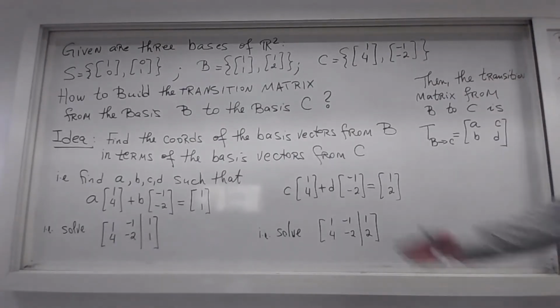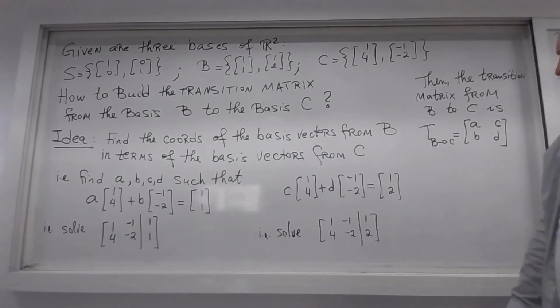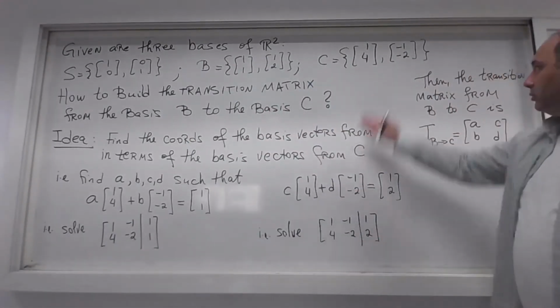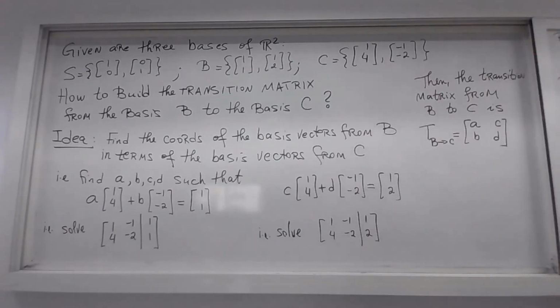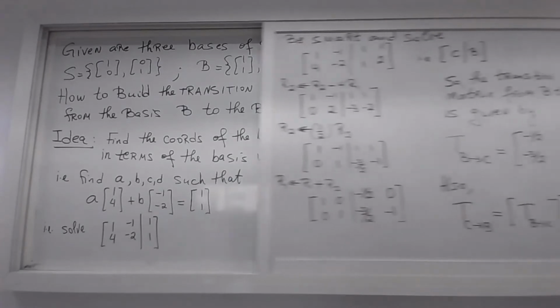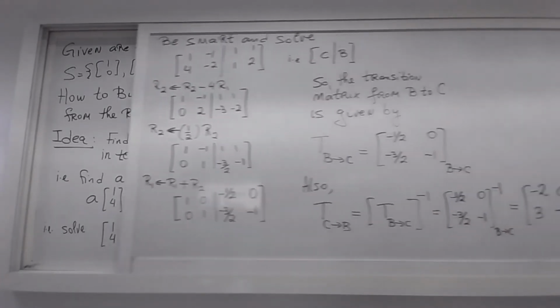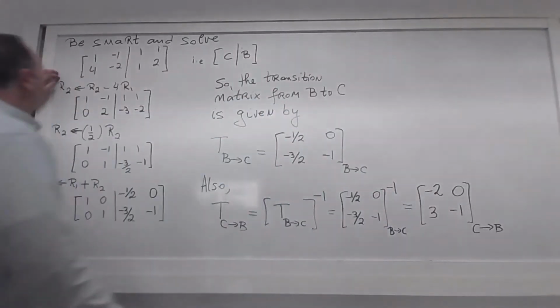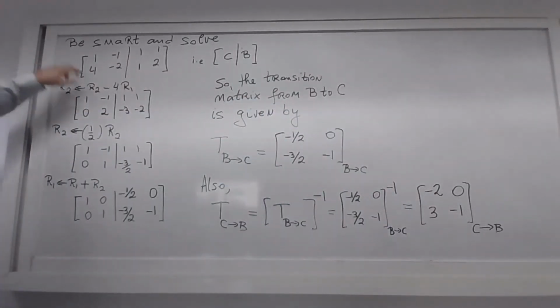Okay, so I need to solve these two systems. Obviously, the matrix is the same, because it's just these two vectors. So I need to be a little bit smart, because I need to solve two systems with the same matrix. Being smart a little bit helps. So I need to put my matrix.